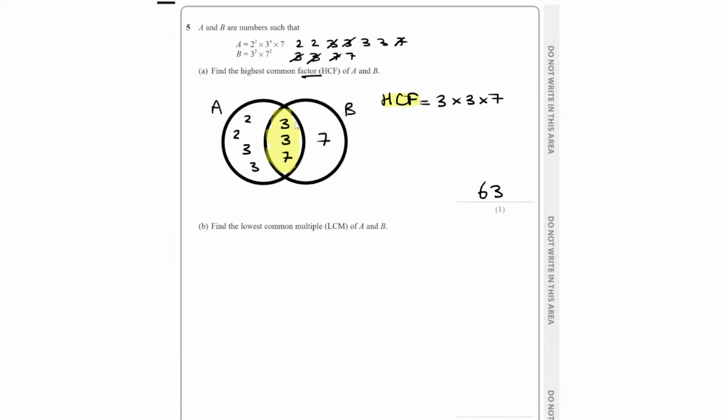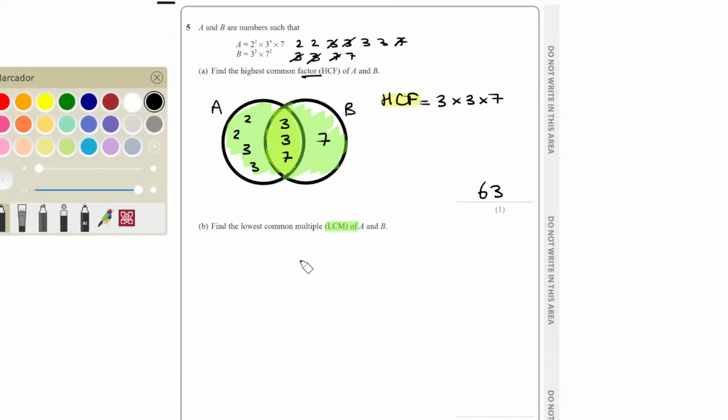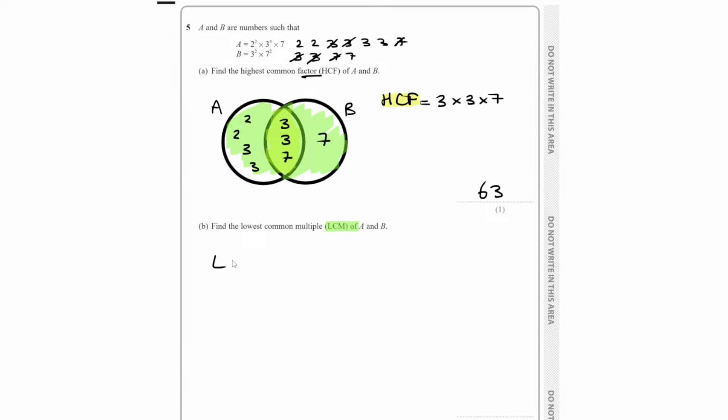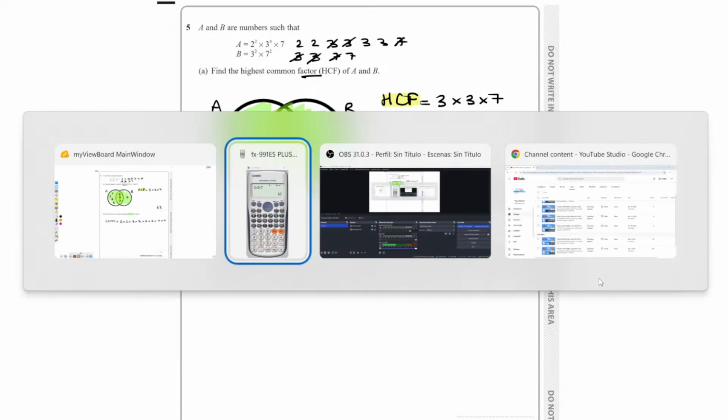And then if I do a different color, lowest common multiple is all of that. I don't know if that's very clear there, the overlap. So LCM would be 2 times 2, just make sure you don't miss any, because it's quite a few, times 3, times another 3, times 3 again, times 7, and another 7. And then you would type that into your calculator.